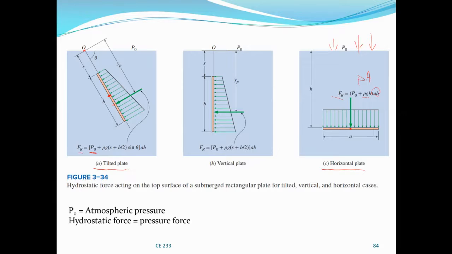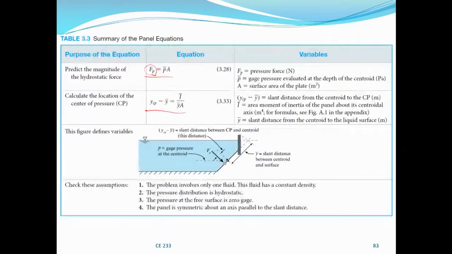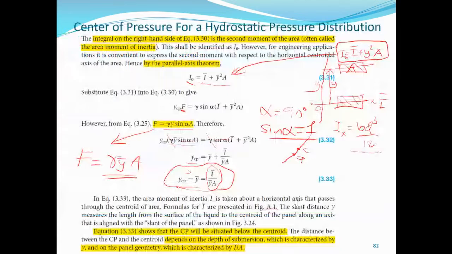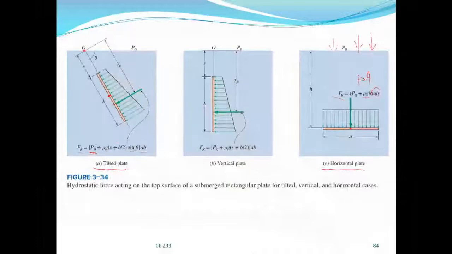Then sine alpha, and this is A. This is similar to what we have here: gamma y bar sine alpha A.